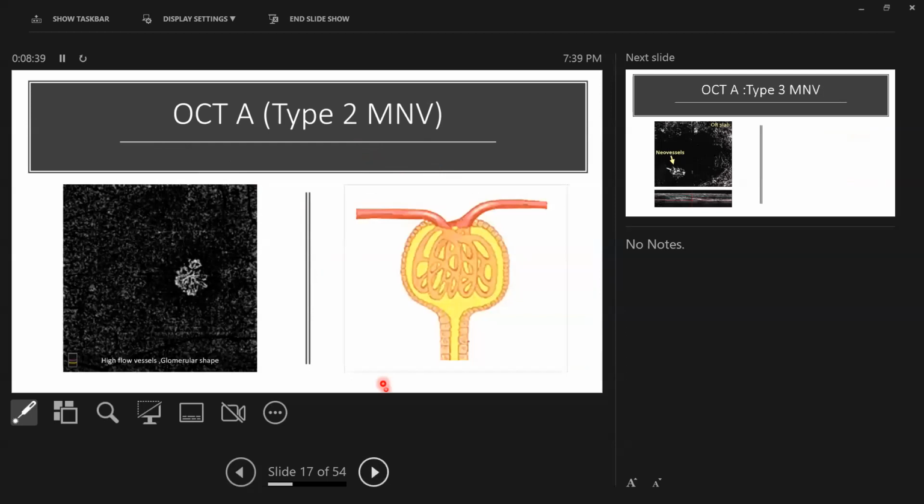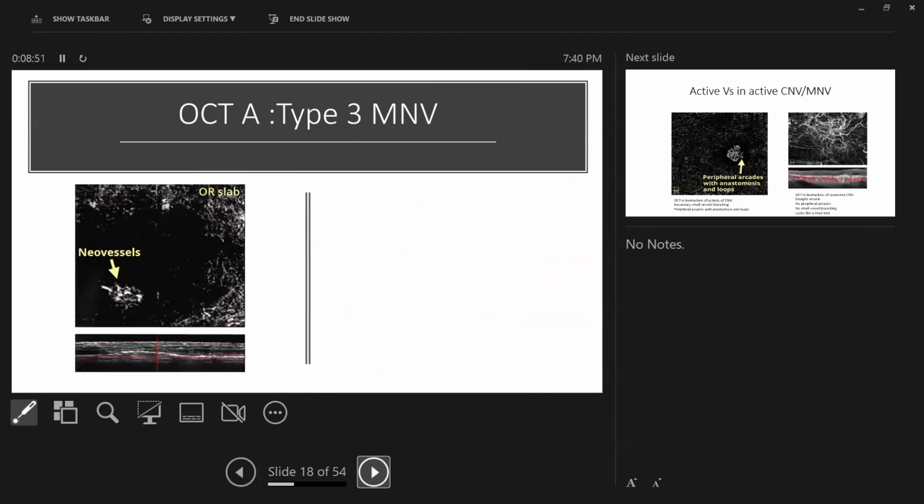In type 2, the MNV is usually seen as a high-flow, glomerular-shaped neovascularization, like the glomerulus of the kidney, as we can see here. While in type 3 MNV, on OCT angio, we usually see small tufts of grass, exactly the same picture as here.